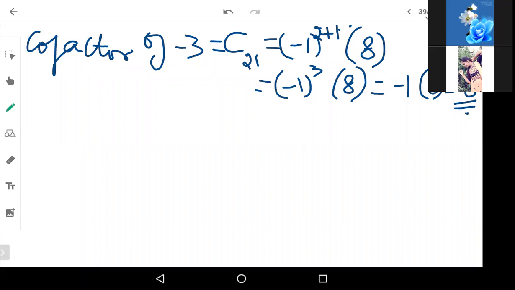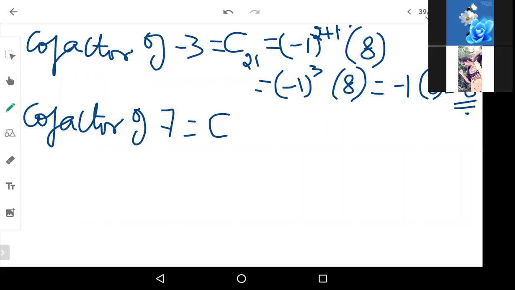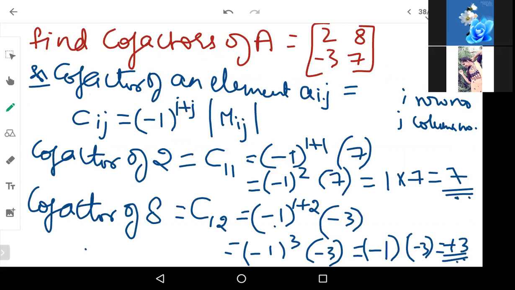Next, finally, cofactor of 7, that is second row second column, is equal to minus 1 to the power of 2 plus 2 into the minor of 7. The minor of 7 is 2.